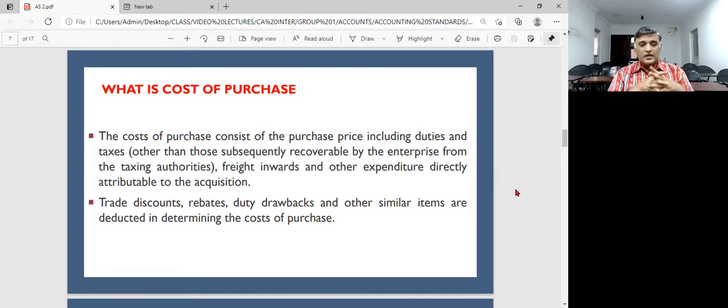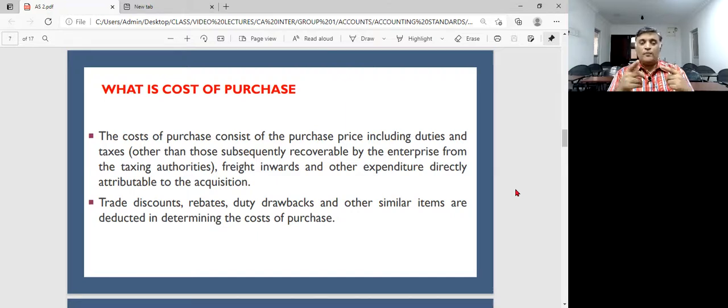The cost of purchase consists of the purchase price, that's the basic price, plus duties and taxes other than those subsequently recoverable by the enterprise from the taxing authorities. For example, if you get a GST credit, you will recover those subsequently from the government. So you ensure that you don't include that part as part of the cost of purchase. That's important.